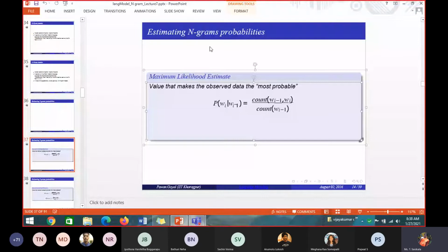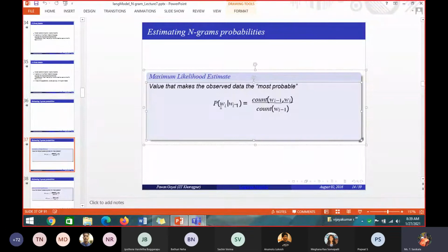So if we want to find the n-gram probability, what is the probability of the occurrence of the next word given the previous word or previous 2 words or previous 3 words, either it is a bigram or trigram or any n-gram model. We will be using a maximum likelihood estimate, that we call MLE.